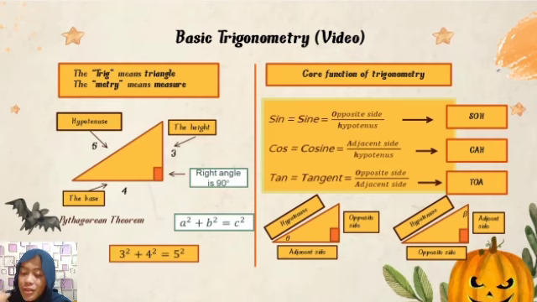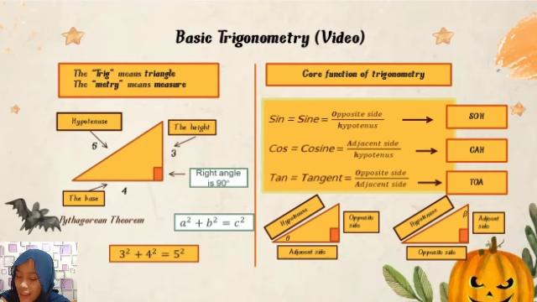For the trigonometry functions, sine equals opposite side over hypotenuse, to be solved. Cosine equals adjacent side over hypotenuse, to be ka.